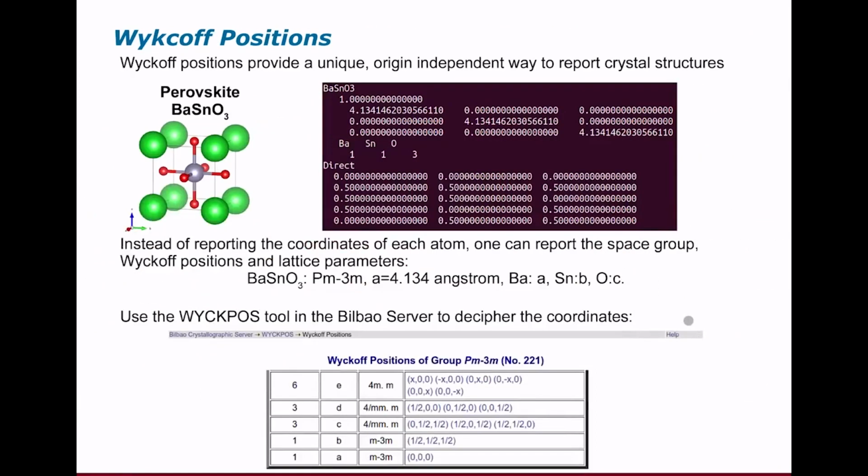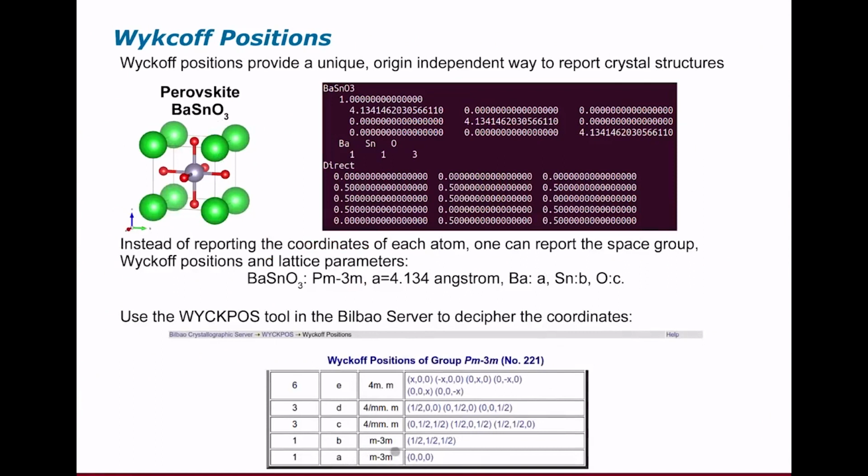So for example, in the case of barium stannate, our space group is Pm-3m, number 221, right? So in the Bilbao server, you can use a tool called Wyckoff Positions to translate these letters a, b, c into coordinates. What this table tells me is that the Wyckoff letter a corresponds to the coordinate 0, 0, 0.